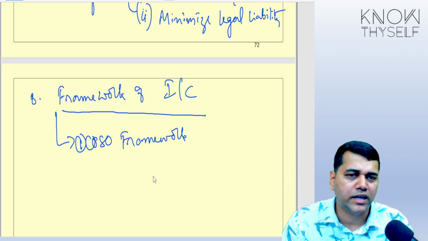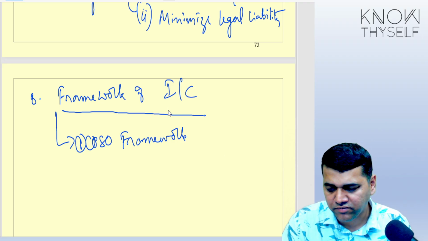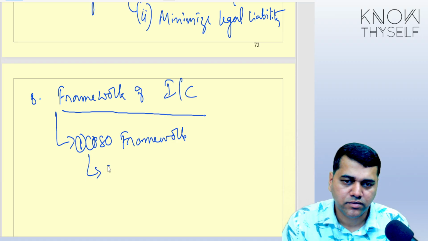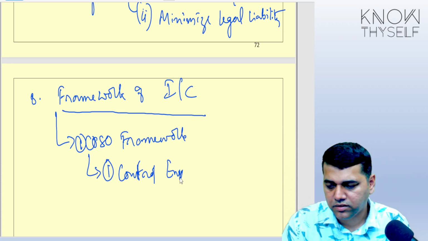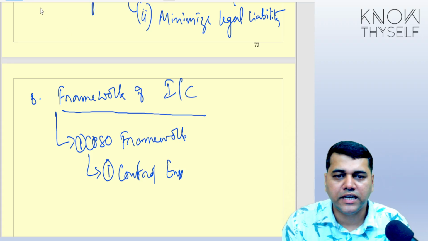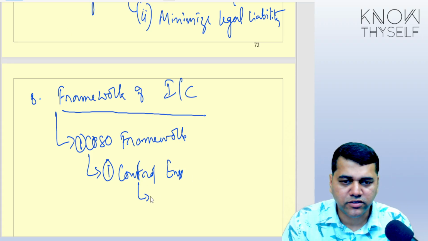Anyhow, they can ask you, so you can write in your general language here. It has got 5 components. One, control environment. If anything is worth writing, we can write about this, and it has got some principles.